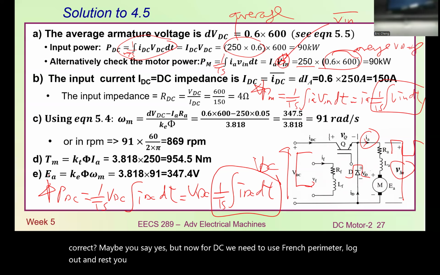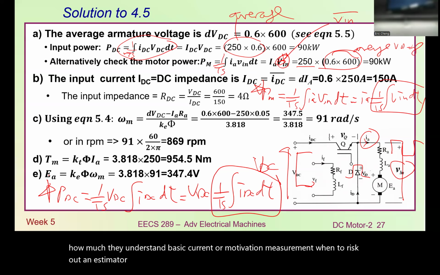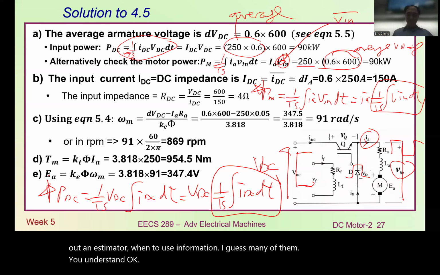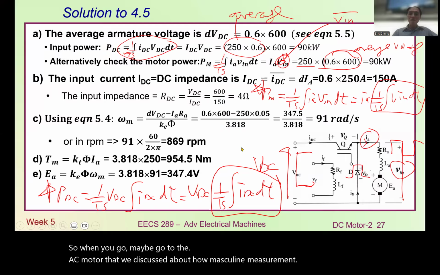So now your duty will be to go back and ask your friends how much they understand basic current or voltage measurement, when to use an RMS meter, when to use an average meter. I guess many of them may not understand. When we go to the AC motor, then we discuss RMS current measurement. Anyway, now that's quite clear.